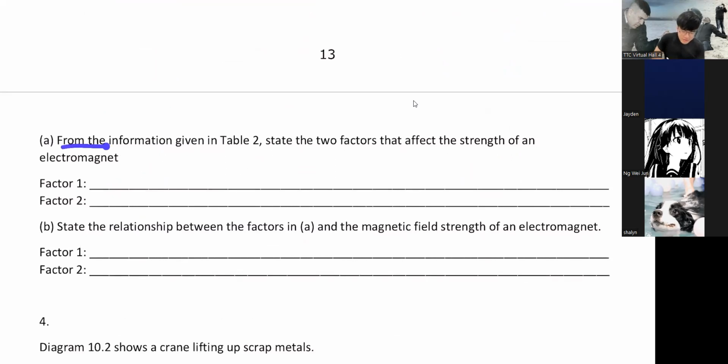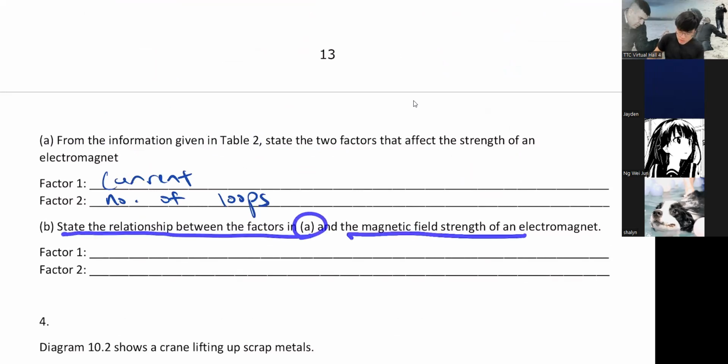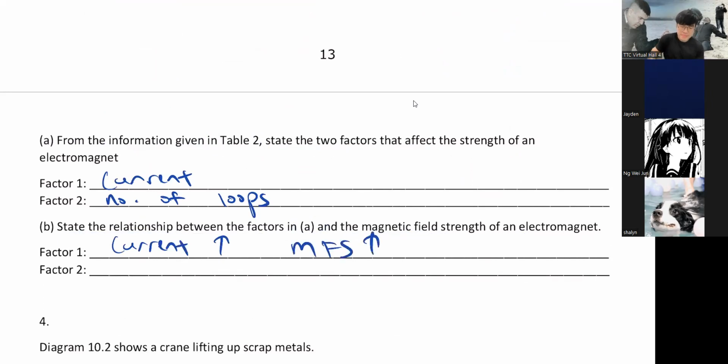From the information given in table 2, state the 2 factors that affect the strength of an electromagnet. Like we mentioned just now, number 1 is current. Number 2 is number of loops. Now state the relationship between the factors and the magnetic field strength. The higher the current, the higher the magnetic field strength.